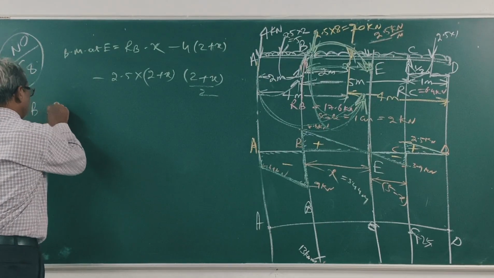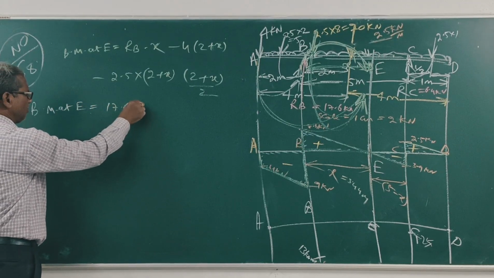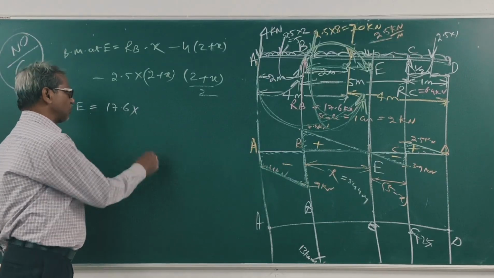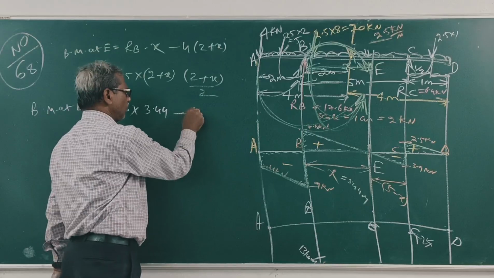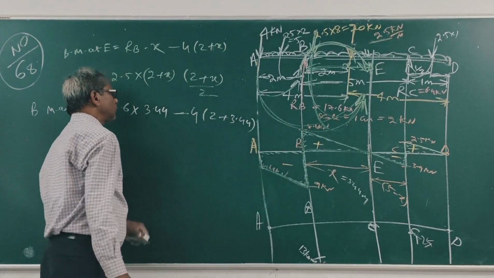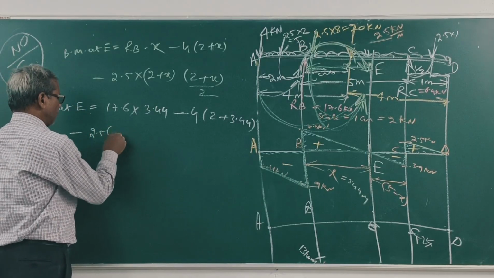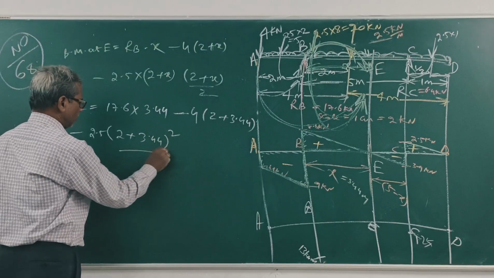So BM at E is equal to RB 17.6 into x, and x value is 3.44, minus 4 into 2 plus 3.44, minus 2.5 into 2 plus 3.44 whole square by 2. Clear?